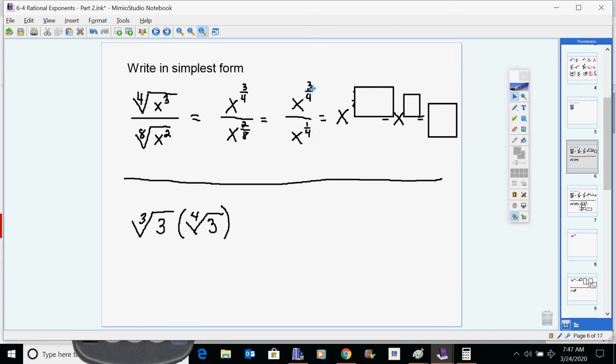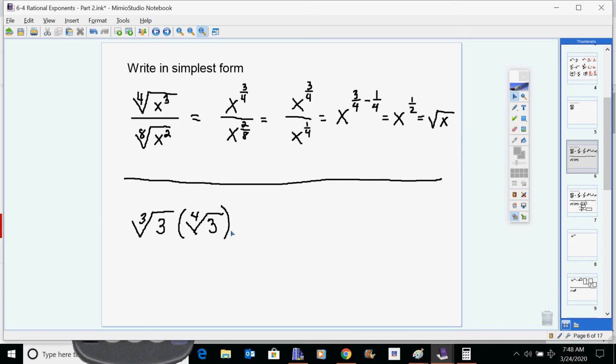So we can then subtract 3/4 minus 1/4, which gives you 2/4, and 2/4 is the same as a half. So it simplifies right down into the square root of x.